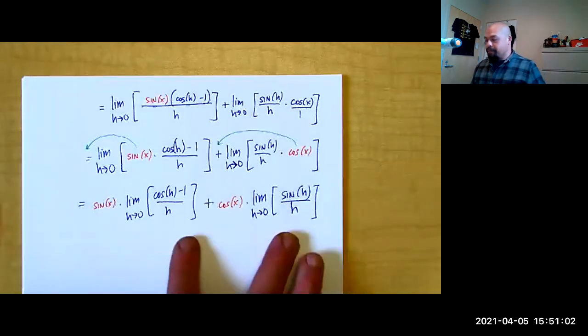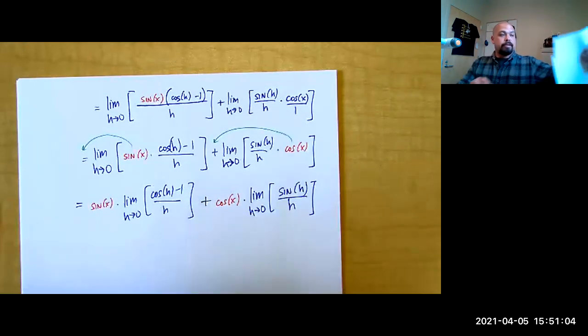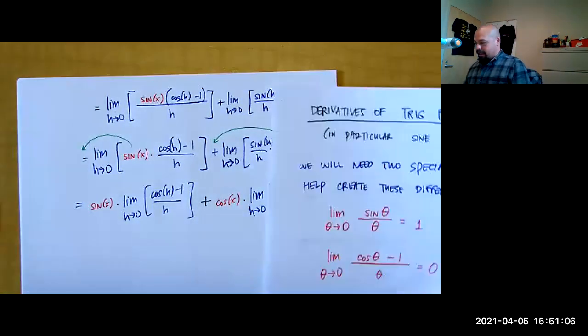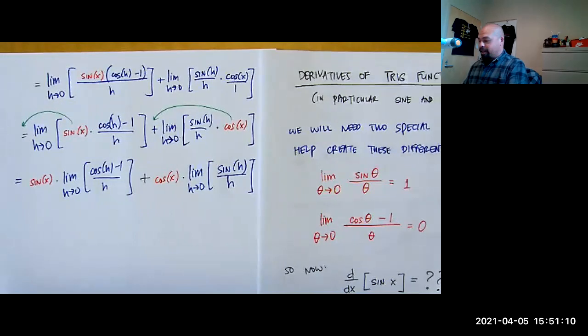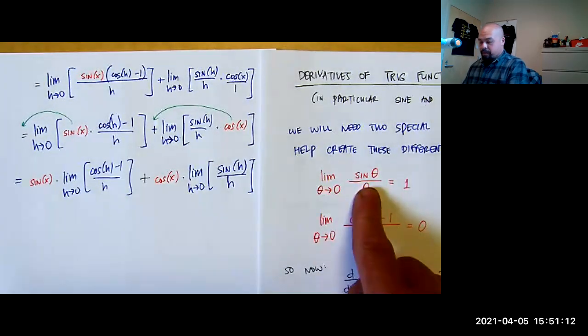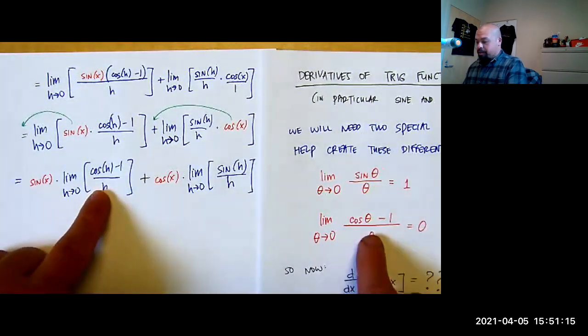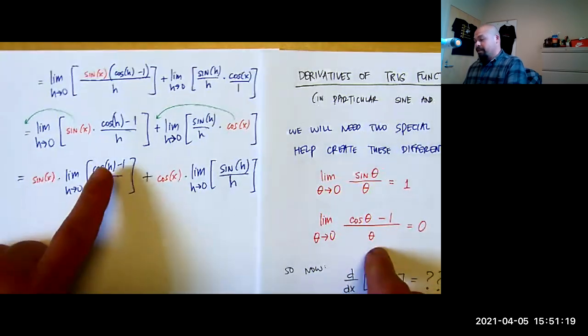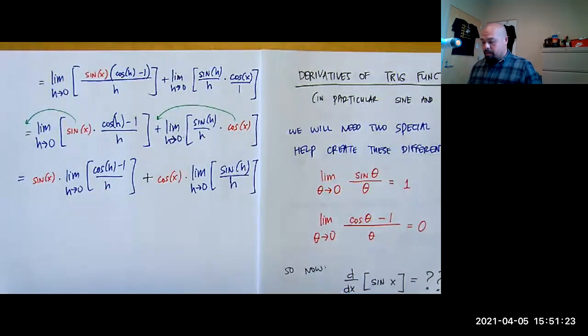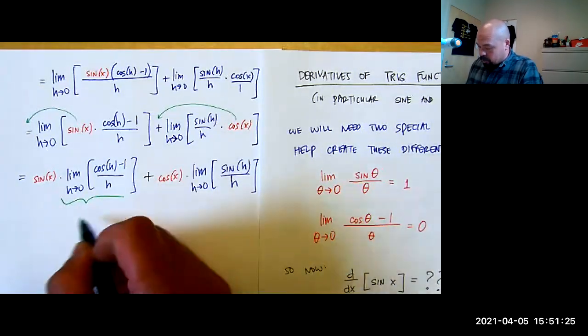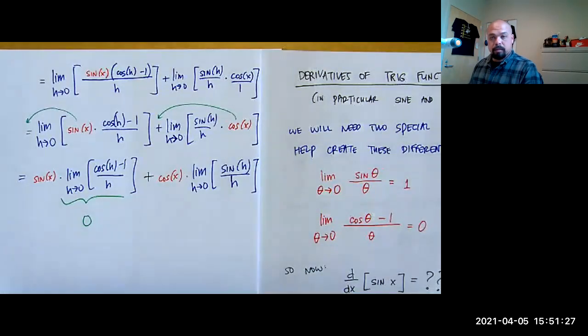And these are our two special limits. Cosine h minus 1 over h, or instead of h, we could have thetas. This limit is 0.